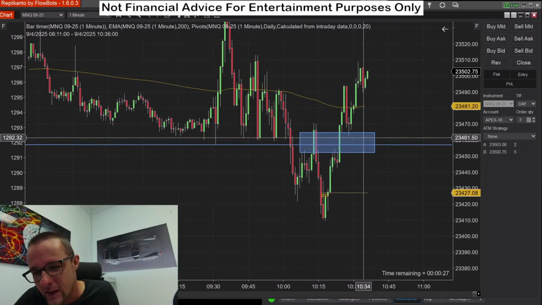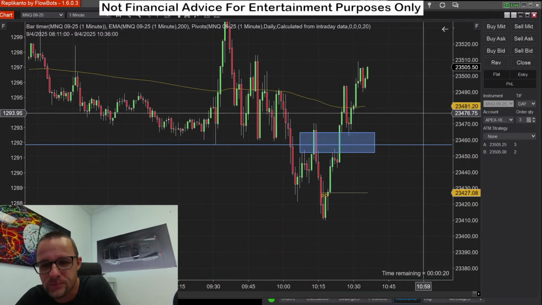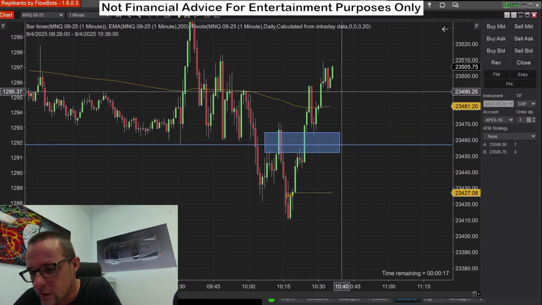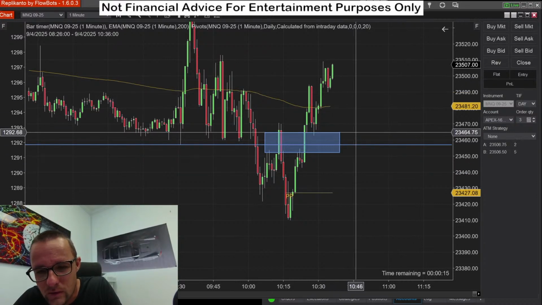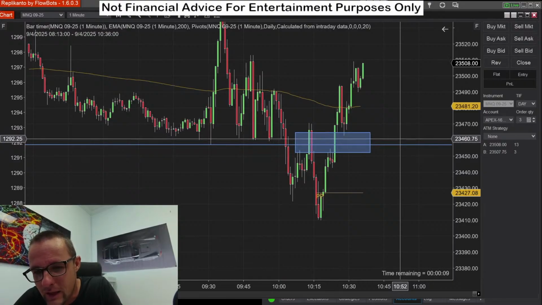I had it right there, and it was like a tick away from filling me. Didn't fill me, and then ripped without me. So the trade worked. I should have had my entry at the top of the gap instead of having it kind of down here.